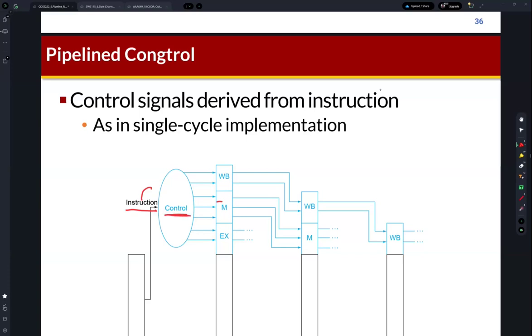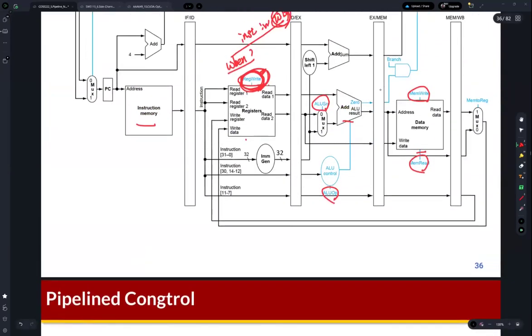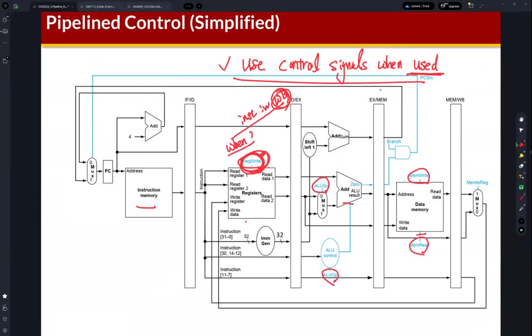And then the control unit can generate the control signals, right? So many control signals, but some control signals are used in the EX stage, some are used in the memory stage, and some are used in the write back stage. Okay, so that's what I explained.